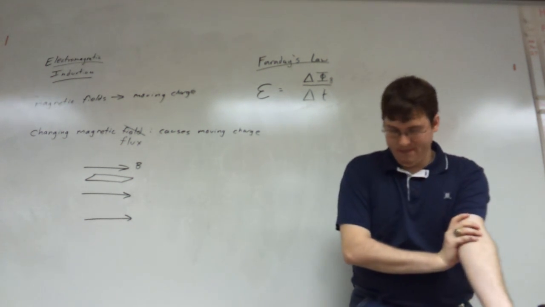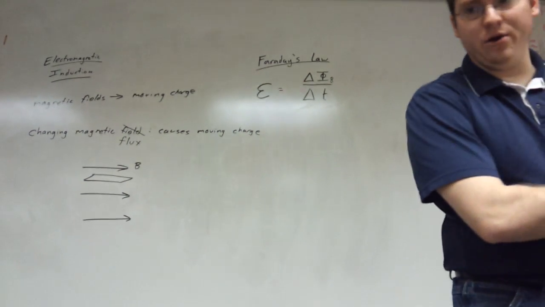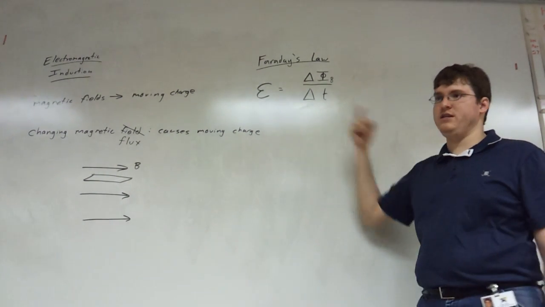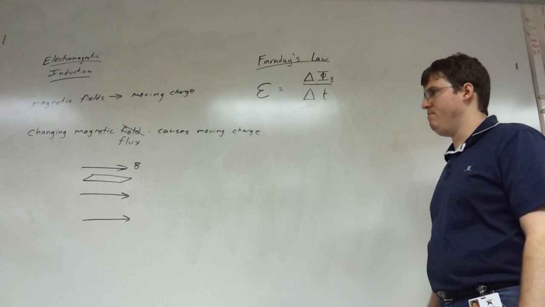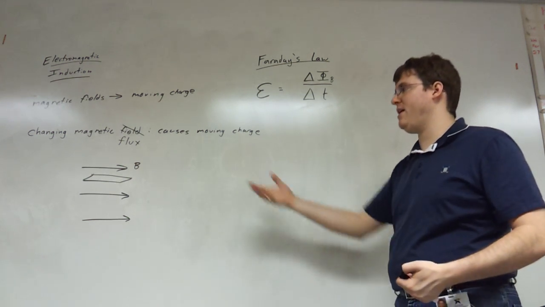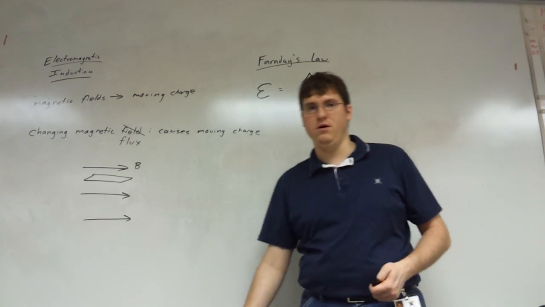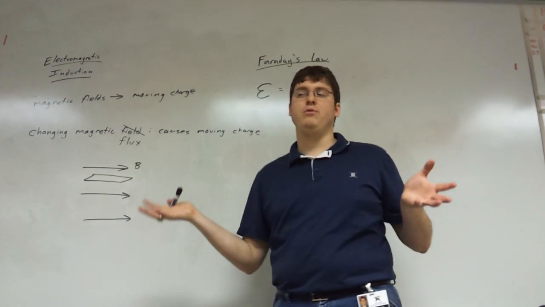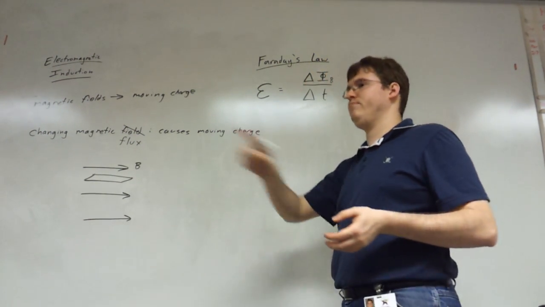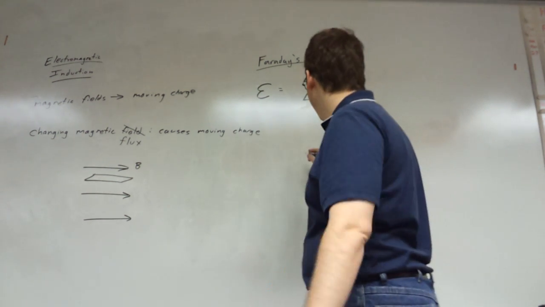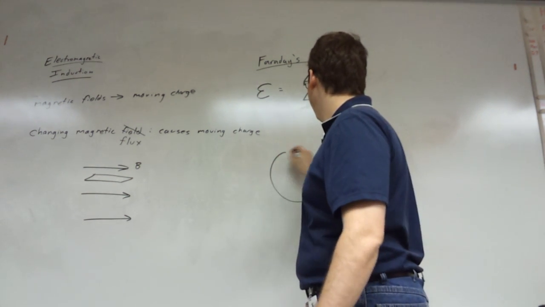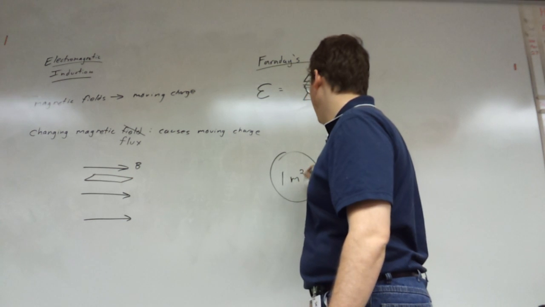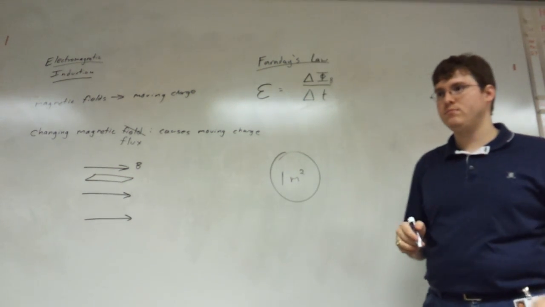Now, one thing you might notice, magnetic flux tends to be very small because magnetic fields themselves tend to be small, and areas tend to be small. For example, let's say I've got a 1 square meter loop of wire.